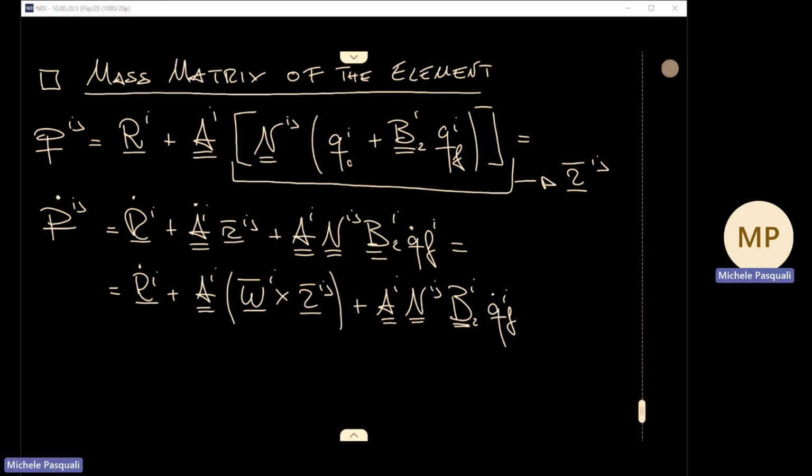Now we know that you can express this vector product in terms of a matrix product. This we have done so many times.